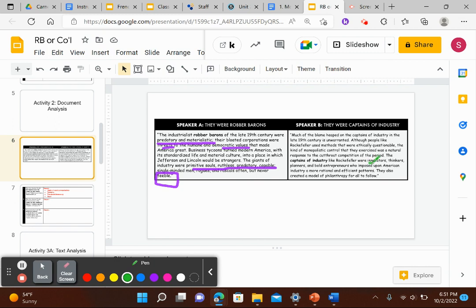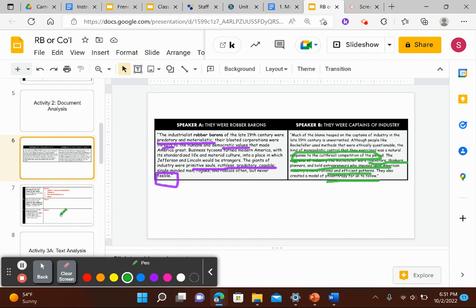So they say that they're a product of their time, basically, that this is what was going on, and they went with it. So they're innovative thinkers, planners, bold entrepreneurs who imposed rational, effective patterns on American industry, and they modeled philanthropy. So, again, this idea that they were just part of this culture of being cutthroat.